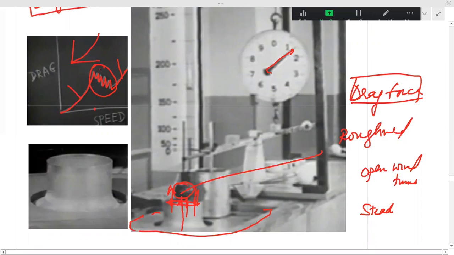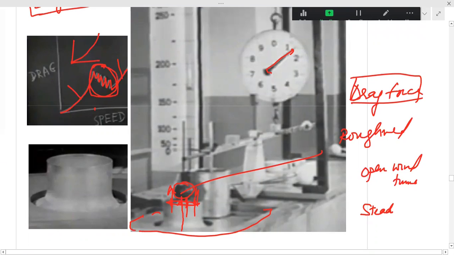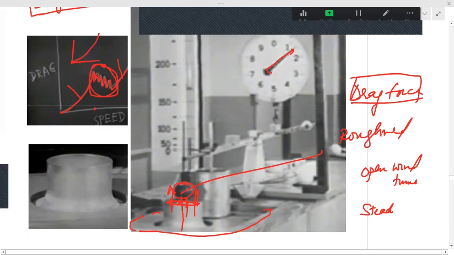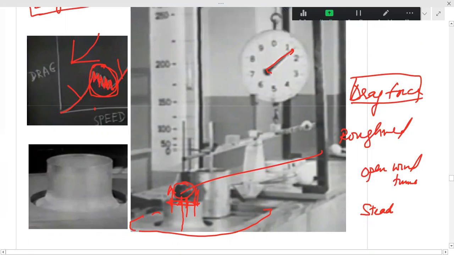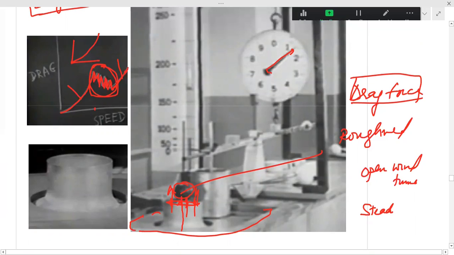But in this case it is not behaving in a normal sense. Up till one speed it is increasing, then there is a decrease with certain fluctuation, and then again it starts to increase, but now at a lower rate.